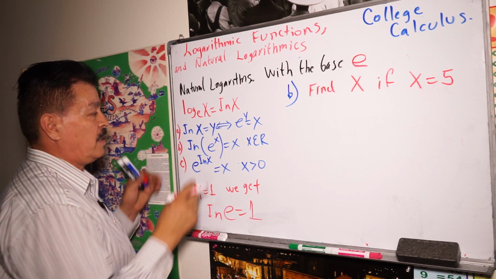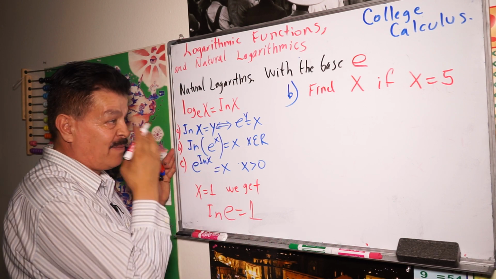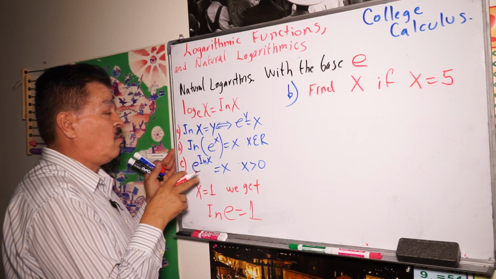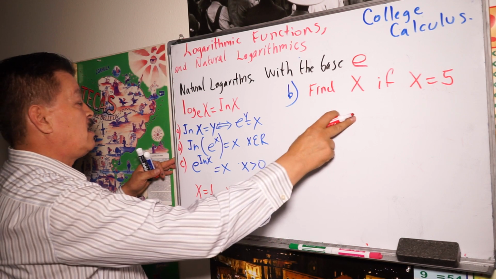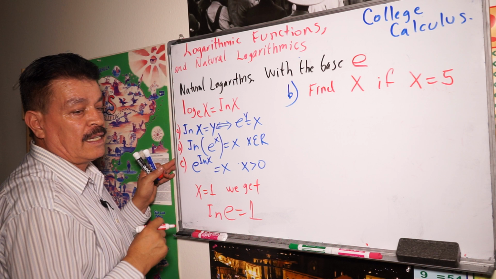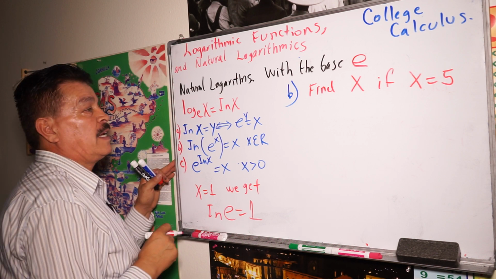With this information, look at this. We have to apply some of these rules. We have this problem: we have to find x if ln x is equals 5.